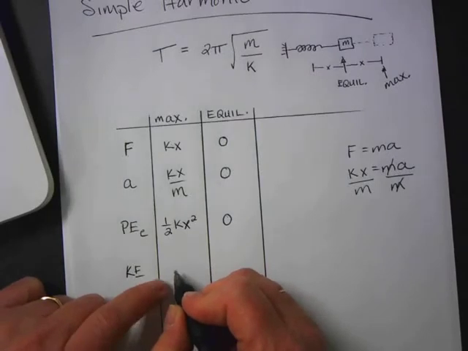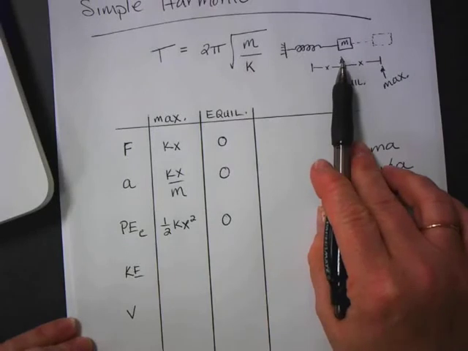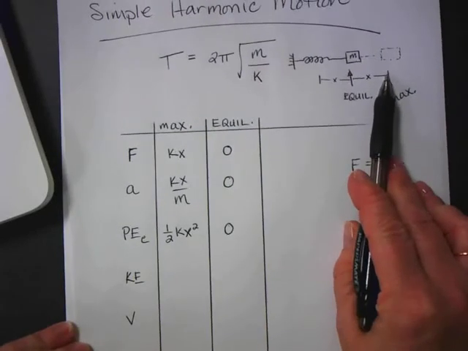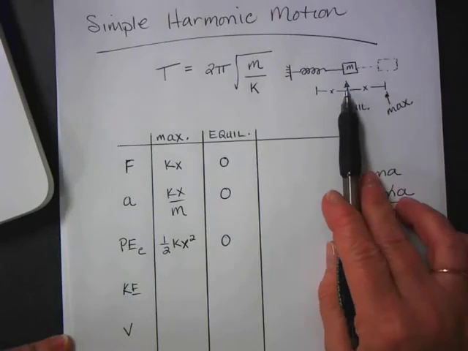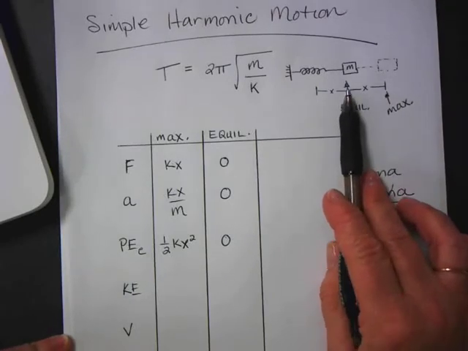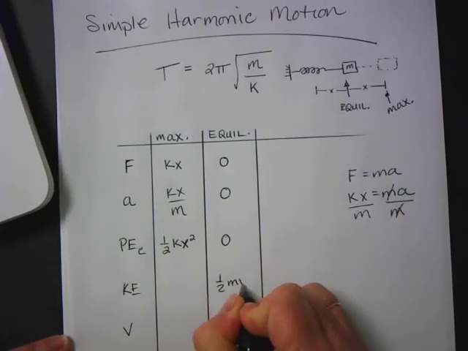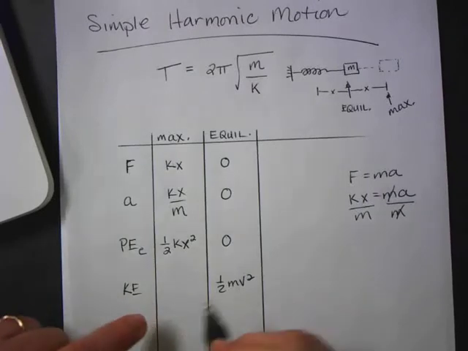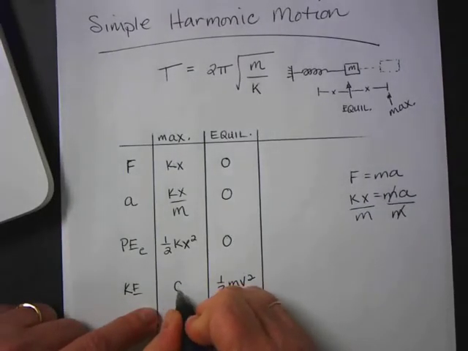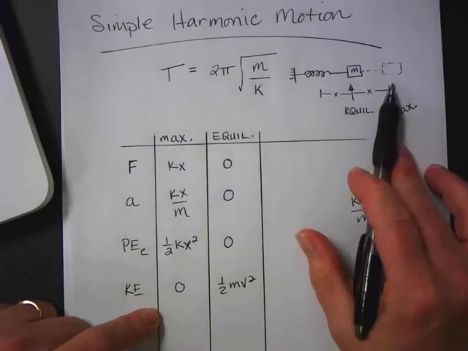For kinetic energy, that's where it's cruising the fastest, and so its fast spot is at the equilibrium position. That means that all of the elastic potential energy that existed here got converted to kinetic energy here. So we're going to put 1/2 mv squared for the equilibrium spot, that's the fast spot, but at maximum, it's going to be 0.